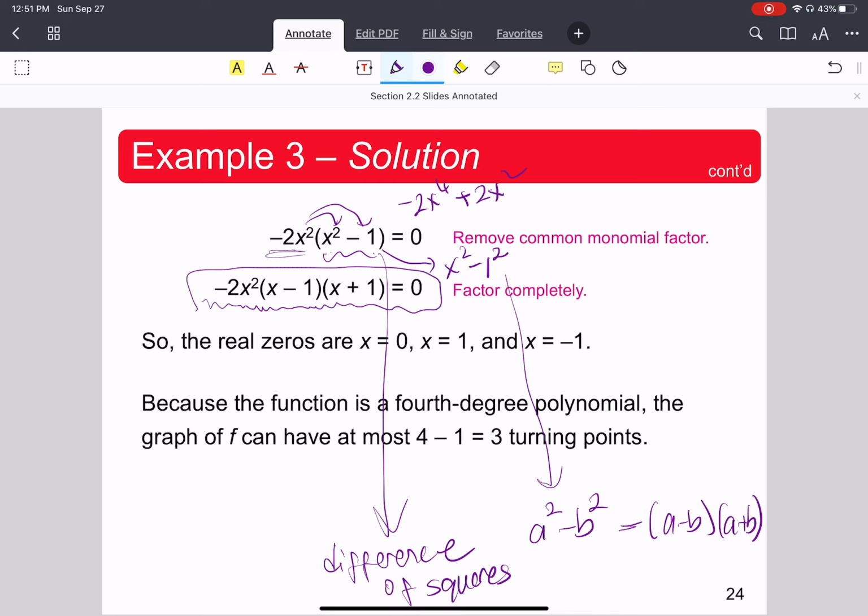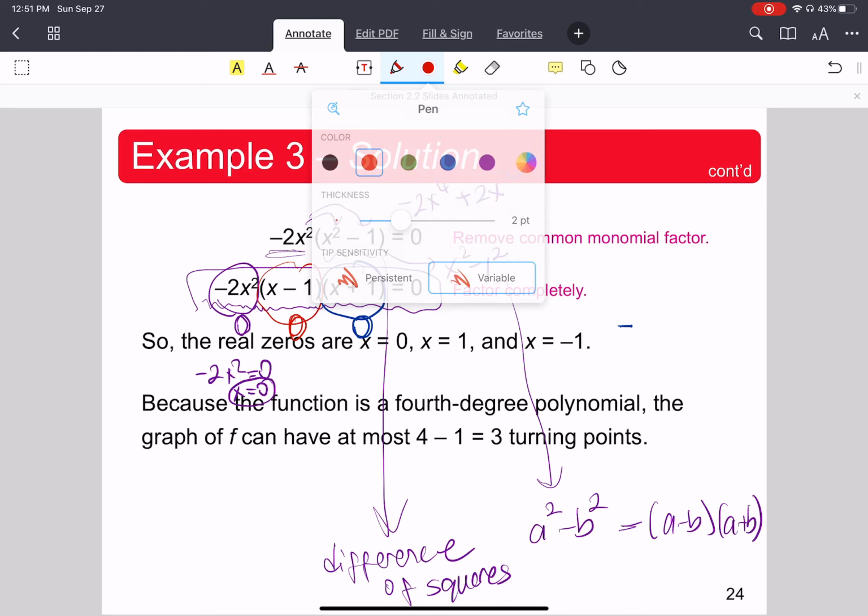So the question is, how can I make the left side 0? Possibilities are this factor is 0, or this other factor is 0, so x minus 1 could be 0, or that last factor, x plus 1, could be 0. So there are 3 possibilities. For each possibility, we solve it. If negative 2x squared is 0, then x has to be 0.